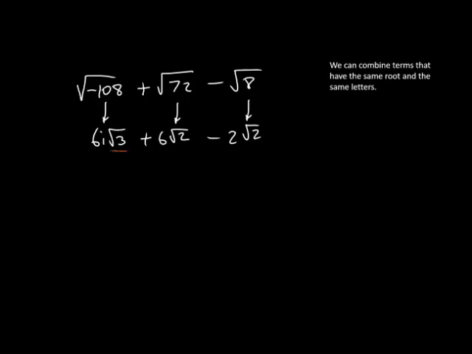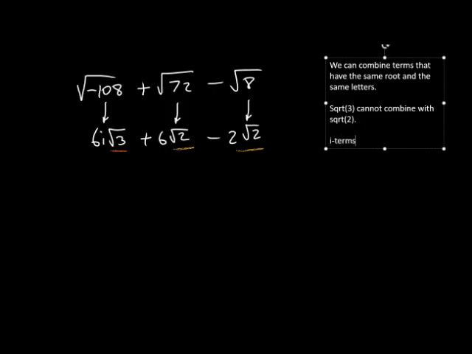Our first term has square root 3, and our other terms both have square root of 2. This means the term that has the square root 3 cannot combine with the terms that have square root 2. Also, that square root 3 term contains an i, and i terms cannot combine with non-i terms.